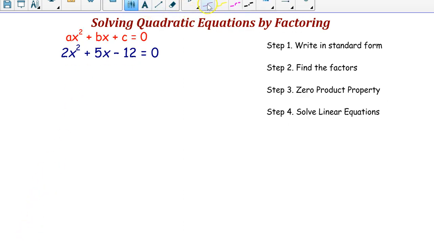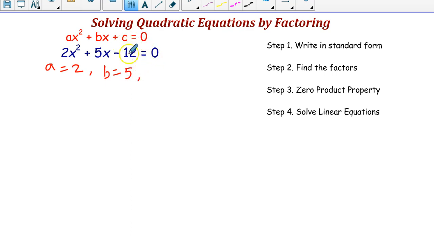Now what is the value of a? Here we see that a is matching with ax squared, which is 2x squared. So I'll write a is equal to 2, and bx is matching with 5x. So bx is equal to 5x. That tells me b is equal to 5.